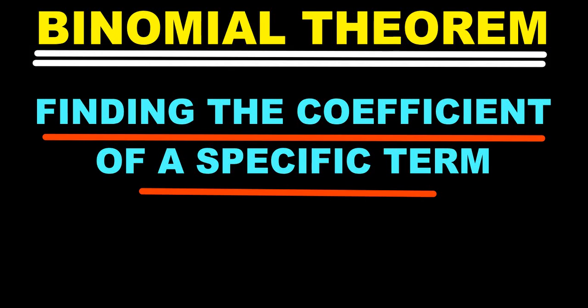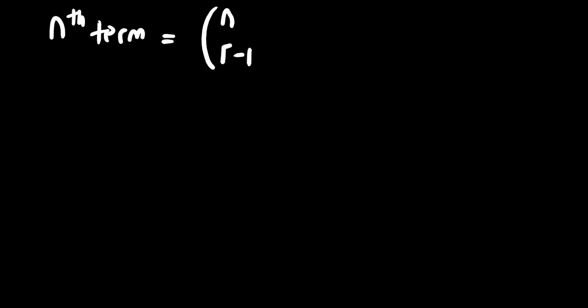Now that we know how to find the specific term, the rth term or the nth term, we said the formula for finding it: you get your power, which is n, then you get your r, and subtract 1.